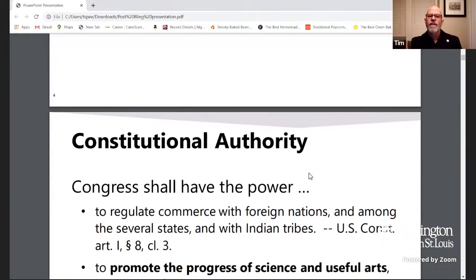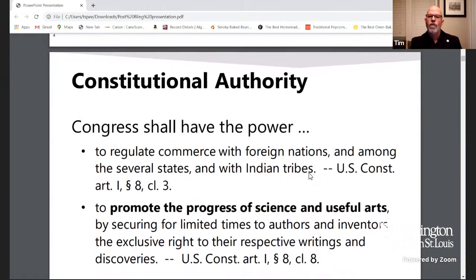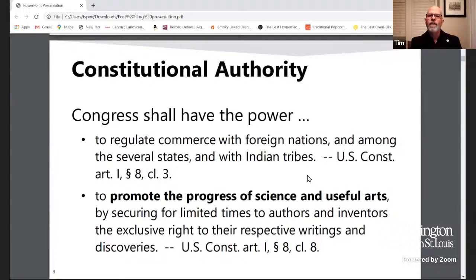So patent basics, the constitutional authority. When this country was founded, patent issues had been an issue in Britain. There were certain types of patents that were available there, offered, I believe, through the Crown.